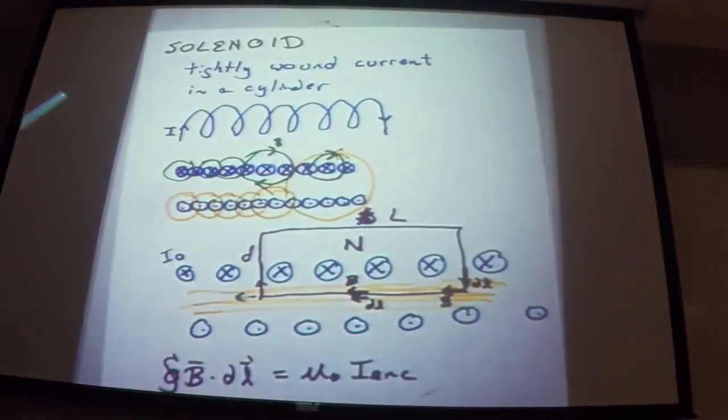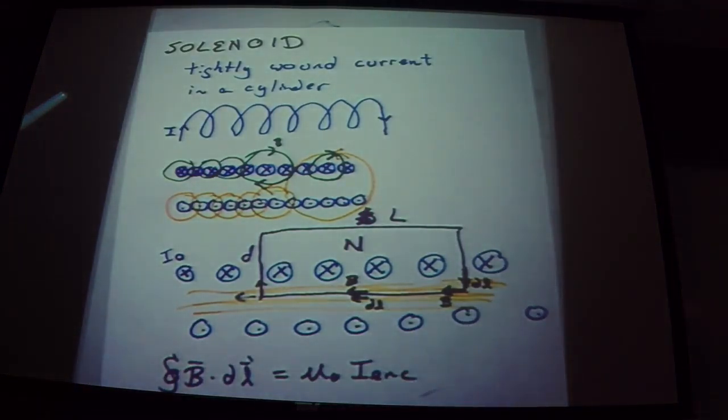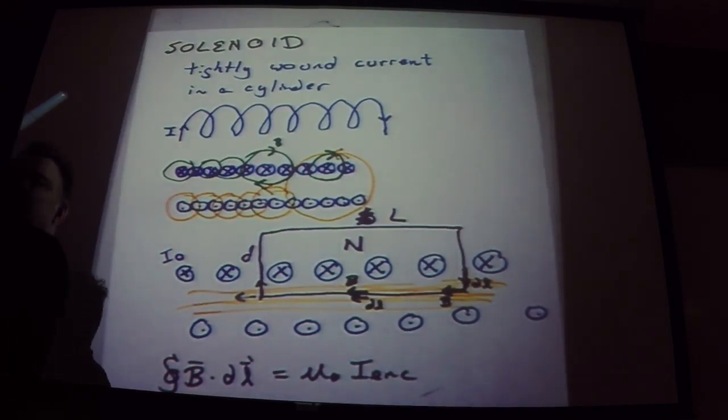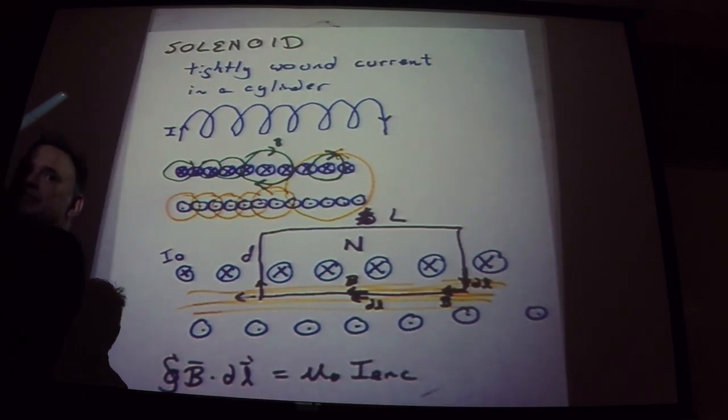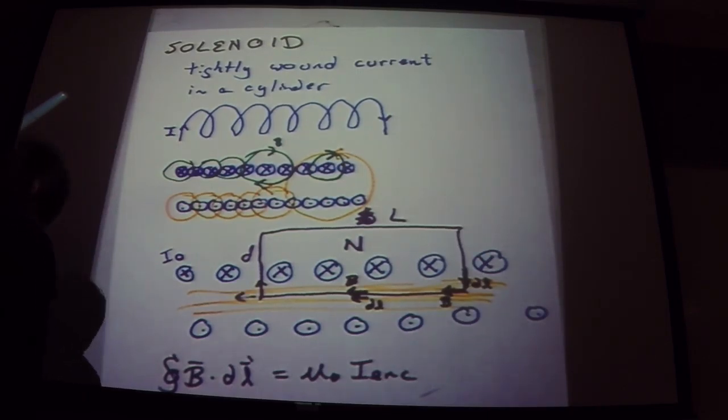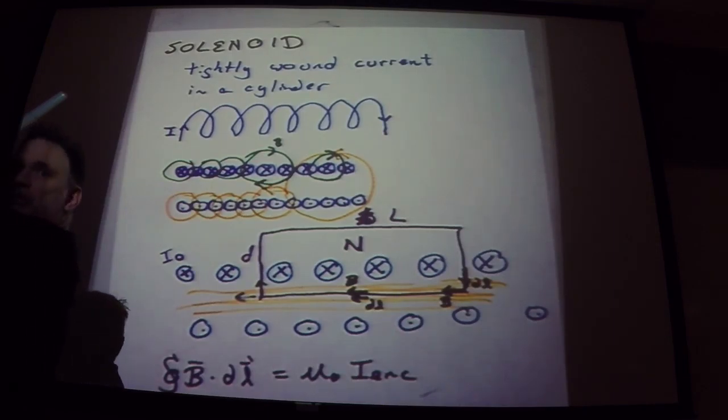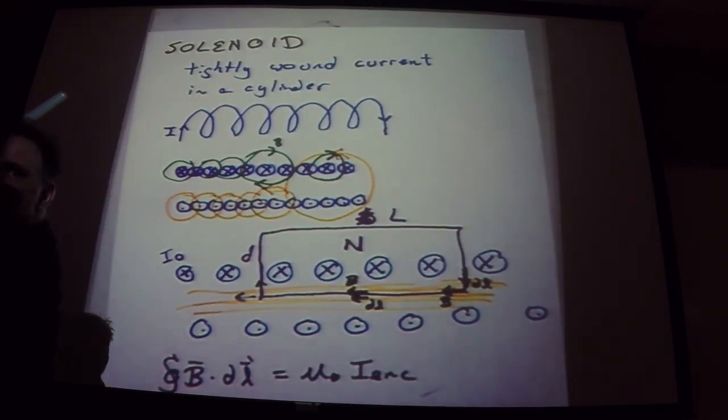When you think of a solenoid, you want to think of currents going like this, kind of flat sheets of current, if you will, because you've got all those loops tightly packed together. So the magnetic field from what's going on up here on the outside of the loop is going to cancel with the magnetic field that's happening down here. So you've got the thing on the top and the outside, but inside they add up.